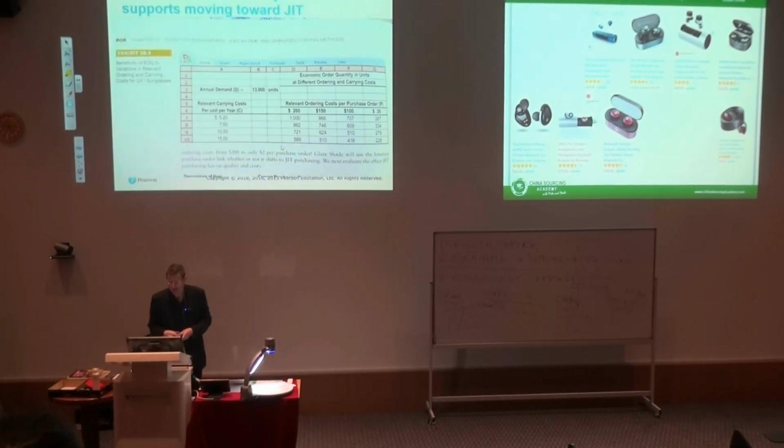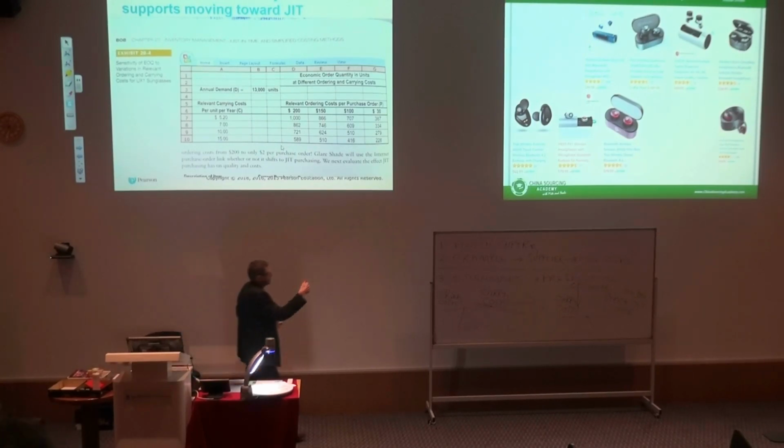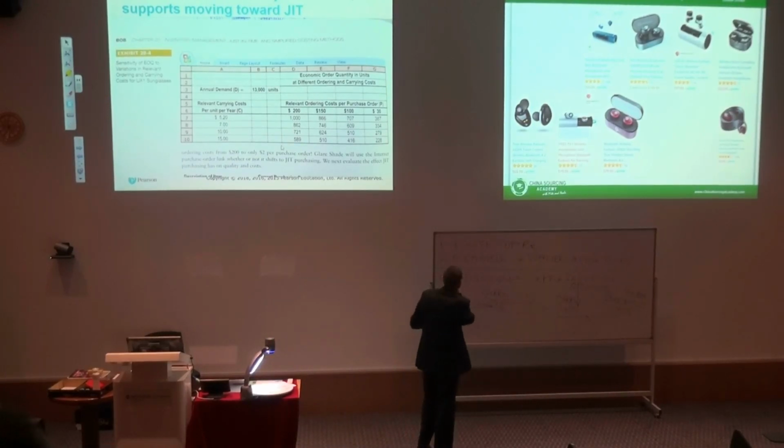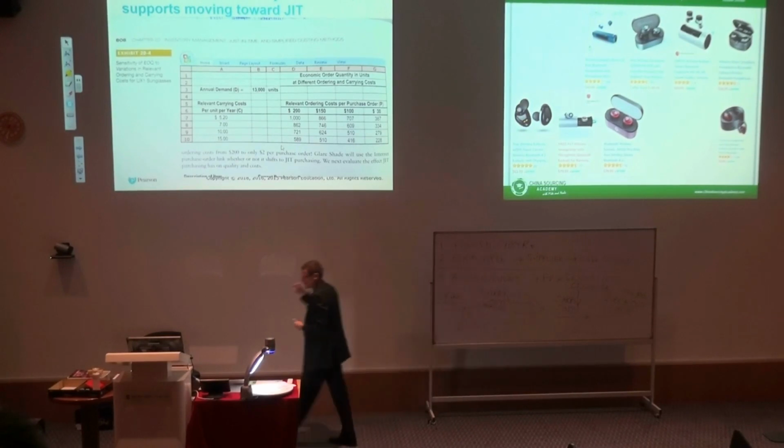Okay, all right, and I showed you this on Monday, and the whole idea here was to say there are 3 types of costs going on here. There are carrying costs, there are ordering costs, and then there's stock out costs.